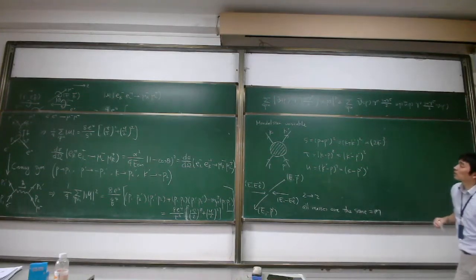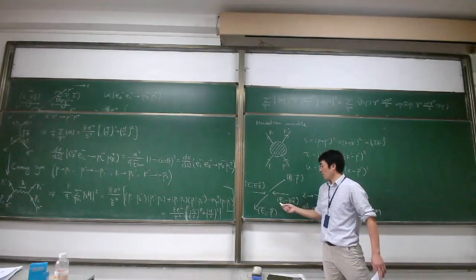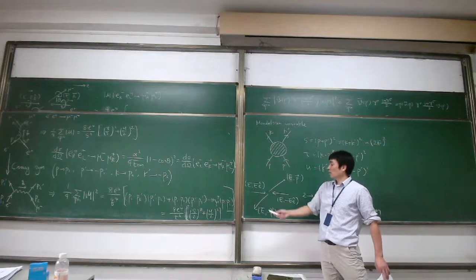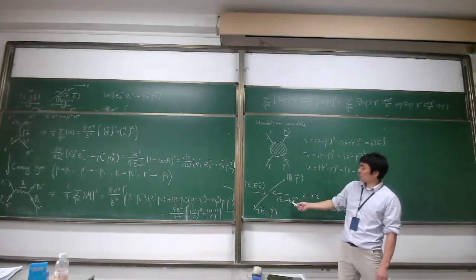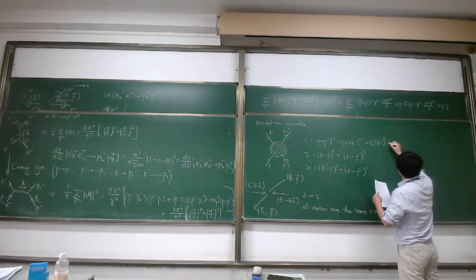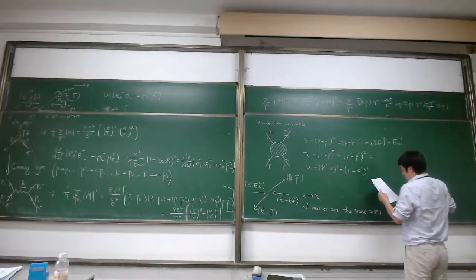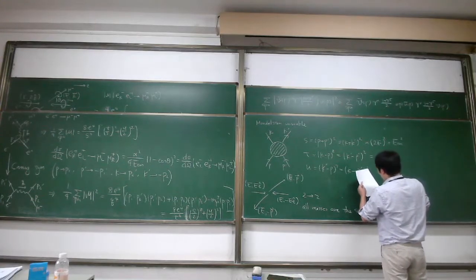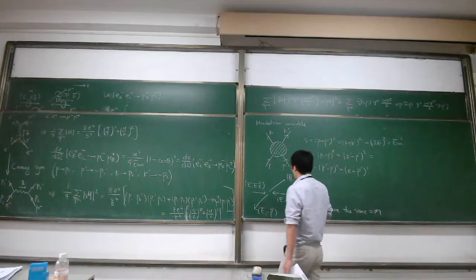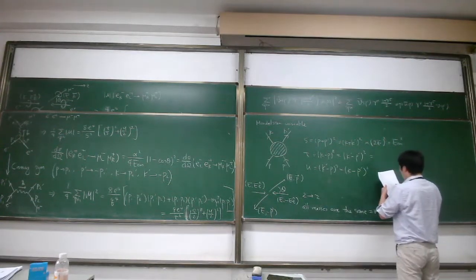So the 2E square is only like the time component matters. The spatial component cancel. So therefore 2E square. And this is, I call it the E center of mass square. And then, so the rest of computation also super simple. So I call it, this is theta. Super simple.